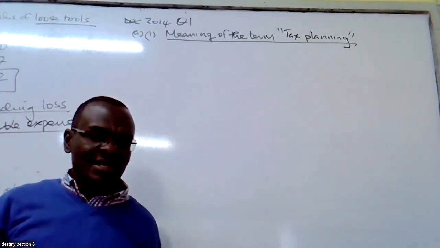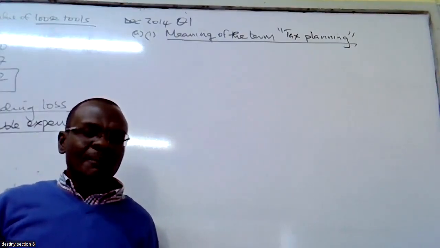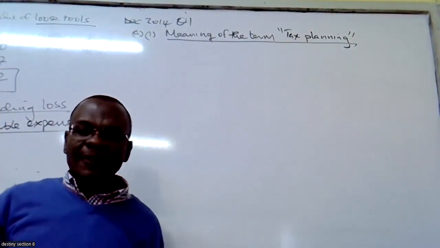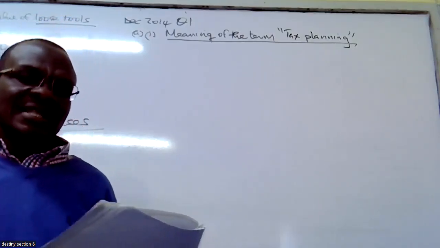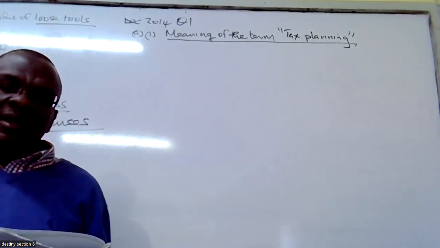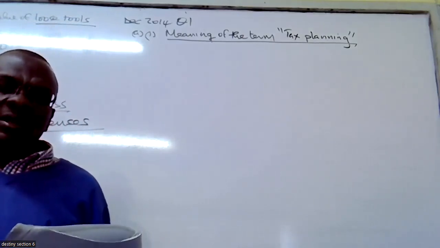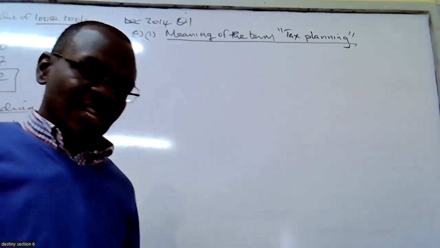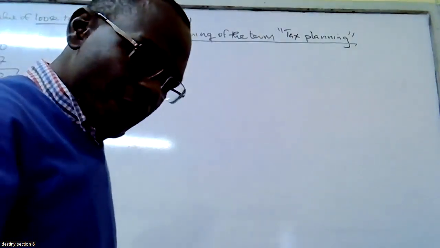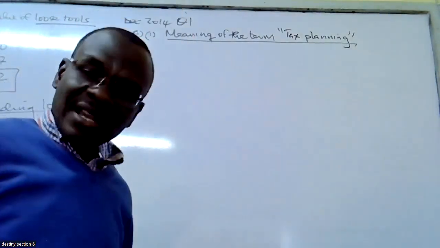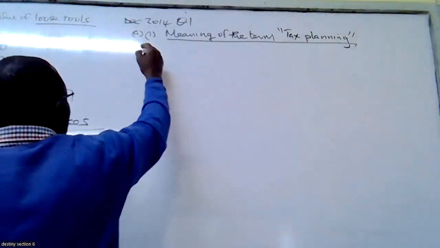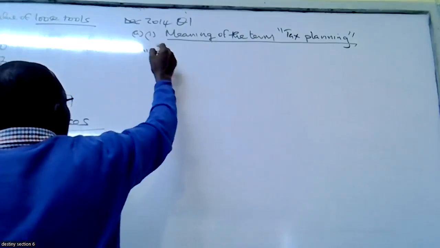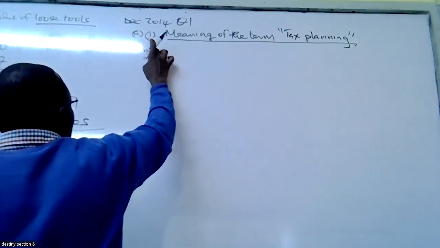Probably you can write and say the Tax Procedures Act of 2015 defines the term tax avoidance. So it's the same thing as tax planning.